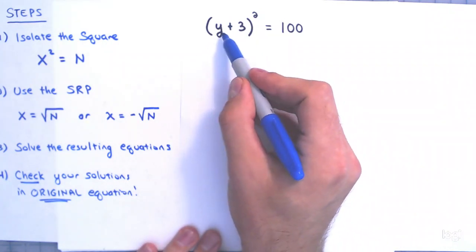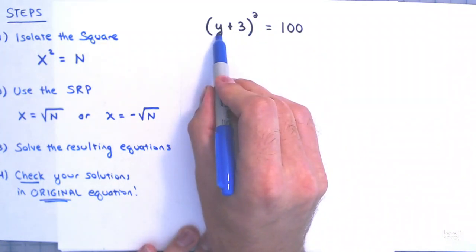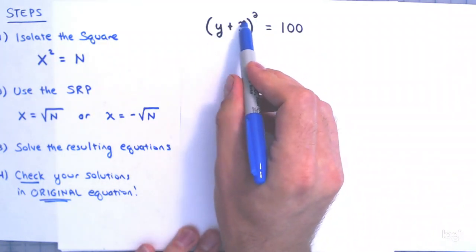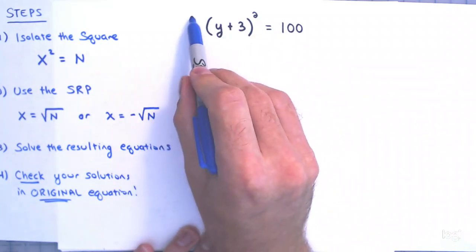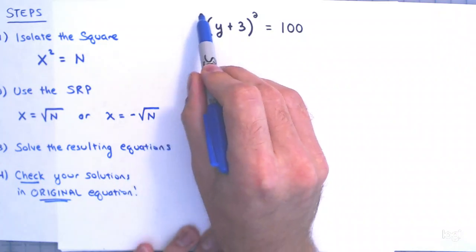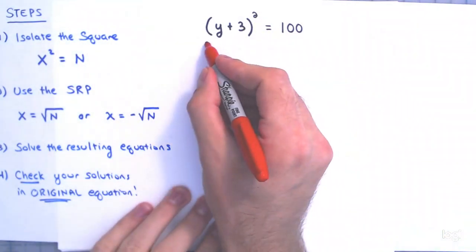That whole thing's being raised to the second power. In that base, there's a variable, so there's a variable inside the base of the square, and notice there's no variable outside that square. There's no y anywhere else. So I'm going to be able to use the square root property here. All right, so again, what is the square? All of this, right?